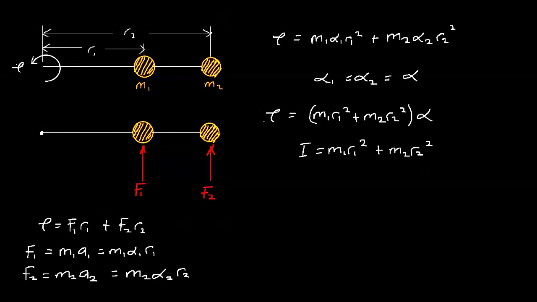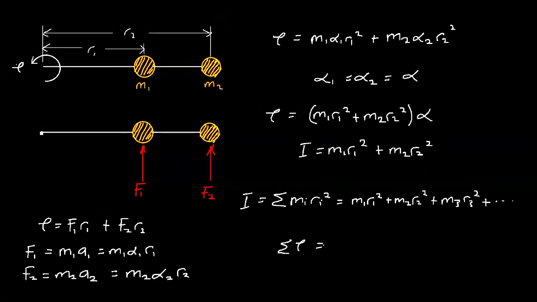And in shorthand notation, we can write this as I equals sigma m r squared, which can be expanded into m1 r1 squared plus m2 r2 squared plus m3 r3 squared, and so on. m represents the mass of each particle, and r represents the distance of the particle from the axis of rotation. And for the rotating body, the net torque applied to it is equal to its moment of inertia multiplied by the angular acceleration. This is the rotational equivalent of Newton's second law.